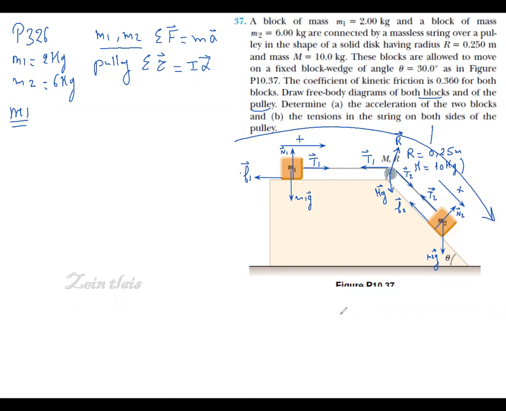So, summation of F equals M1 times A. First of all, you have to say A1 equals A2 equals A, and V1 equals V2 equals V. Why? Because we have an inextensible cord. This cord is inextensible.